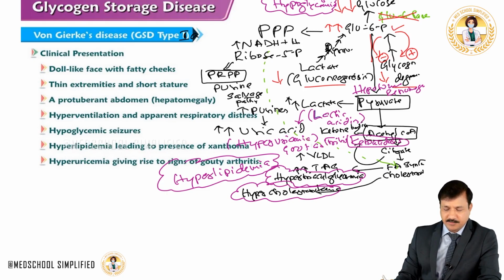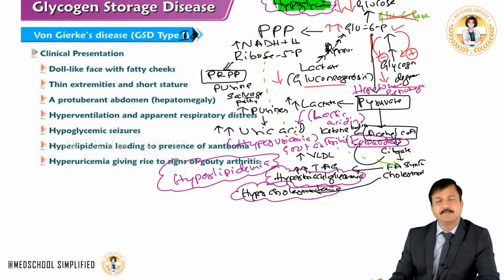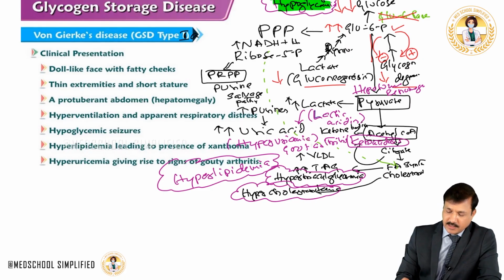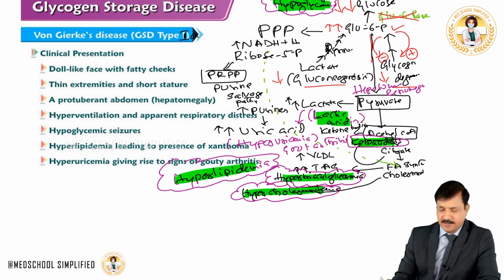So now let's put them together. I'm going to highlight that with a green color. Patient will show fasting hypoglycemia. Patients will show lactic acidosis. Patients will show ketoacidosis. Patients will show hyperlipidemia, that includes hypertriacylglycerolemia and hypercholesterolemia.